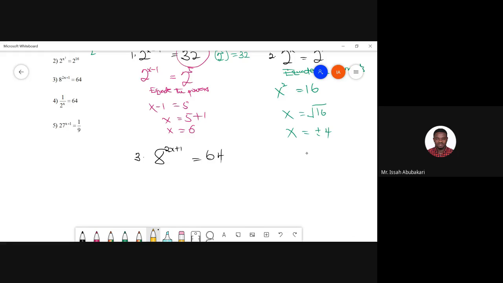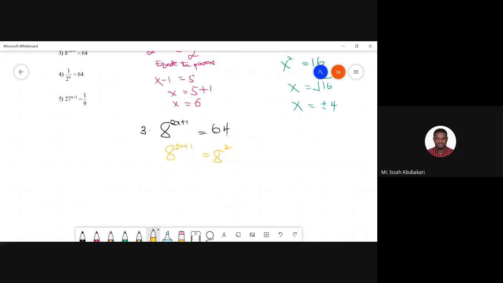So the first way, we have 8 exponent 2x plus 1 is equal to 8 to what power will give us 64? And we know that when 8 multiplies itself, we get 64. So we can have 8 exponent 2. And at the end, we can equate the exponents since the bases are the same. So we have 2x plus 1 is equal to 2.